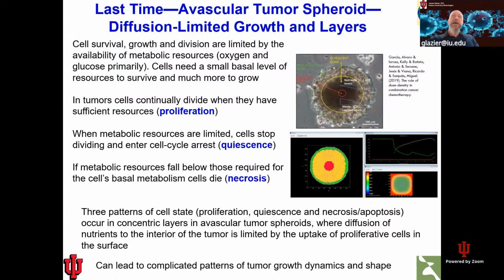So I wanted to come back to this tumor spheroid. And again, last week we got a little bit rushed at the end. We had started out that simulation when you're using thresholds, pure thresholds, for doing this proliferation, quiescent, necrosis.